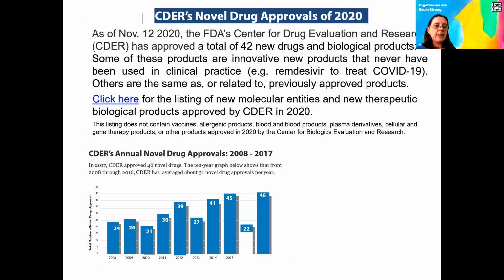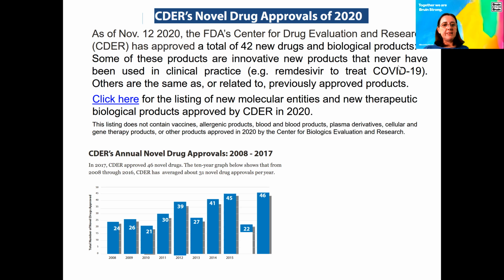Now, this is a list of the drugs that were approved as of November 12th by the FDA Center for Drug Evaluation and Research. So as of today, there are 42 new drugs and biological products that were approved, and some were innovative new products that have never been used in clinical practice.